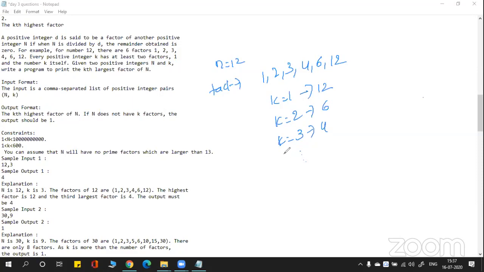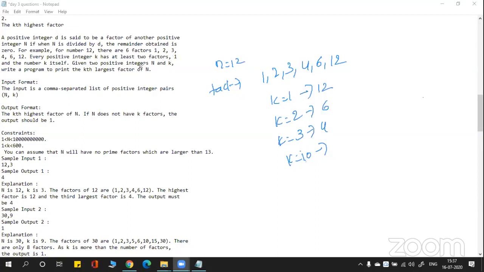So for example, when k is equal to 10, what should be the output? Any answers? Please read the question. Yes, exactly, Srija, it is 1.